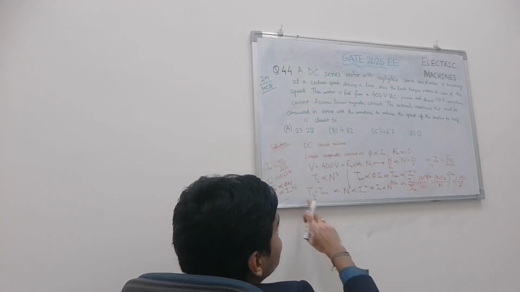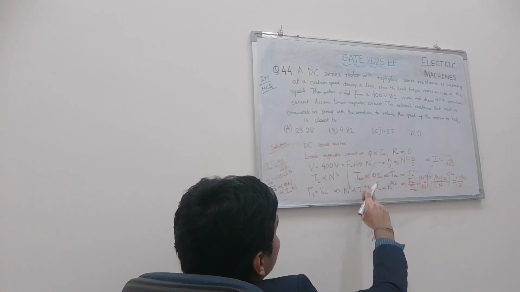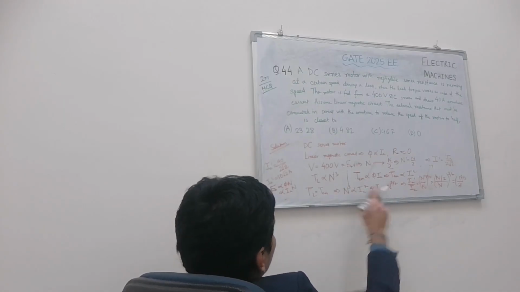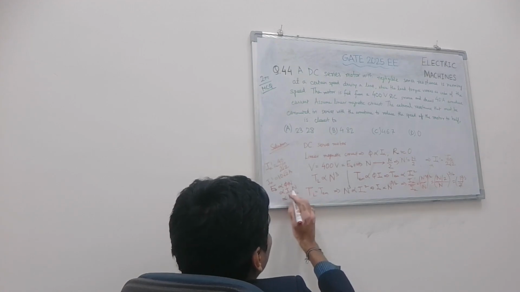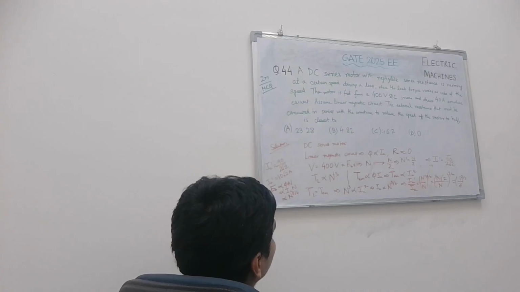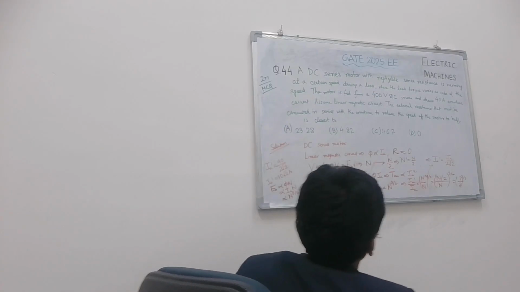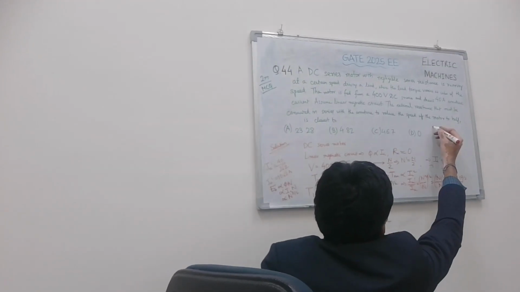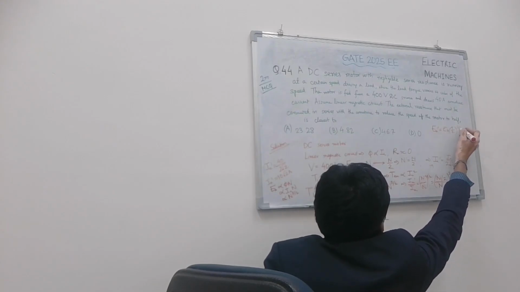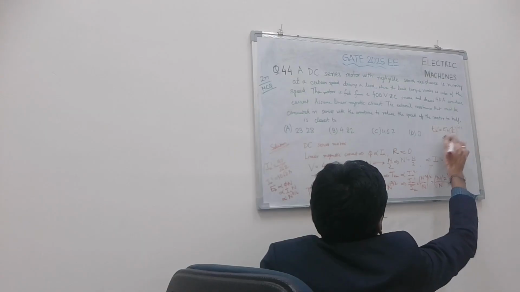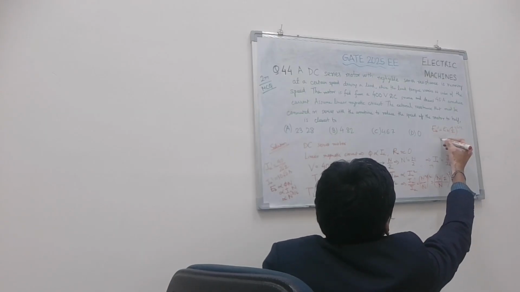Now Ia is proportional to n to the power 3 by 2, so this is proportional to n to the power 5 by 2. Now n becomes half. Eb prime equal to Eb into half to the power 5 by 2, that is Eb by 4 root 2.